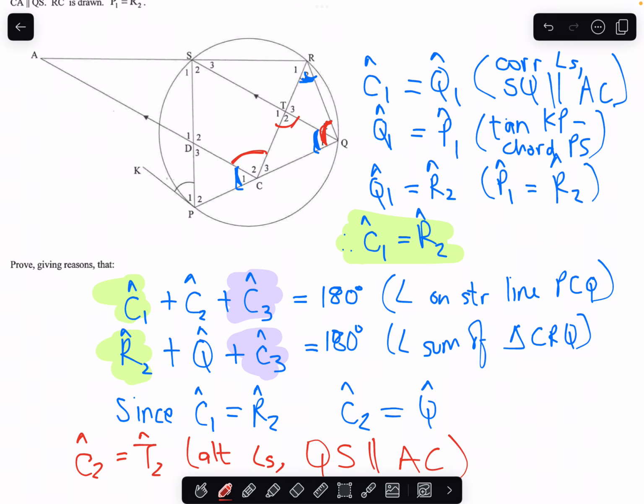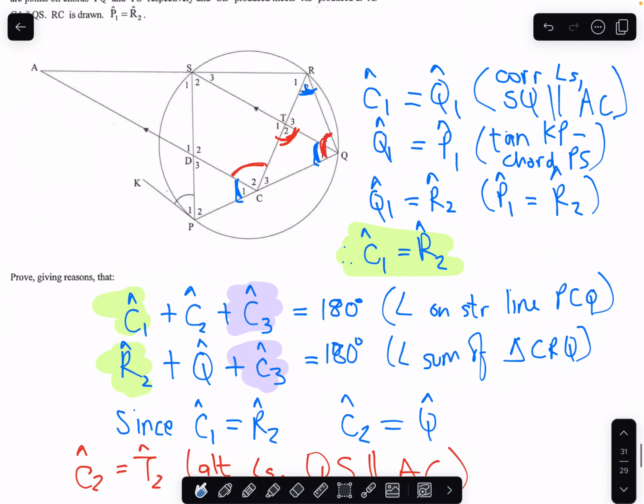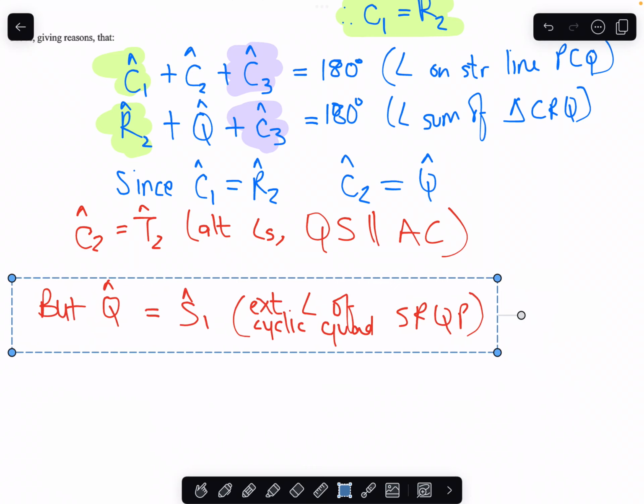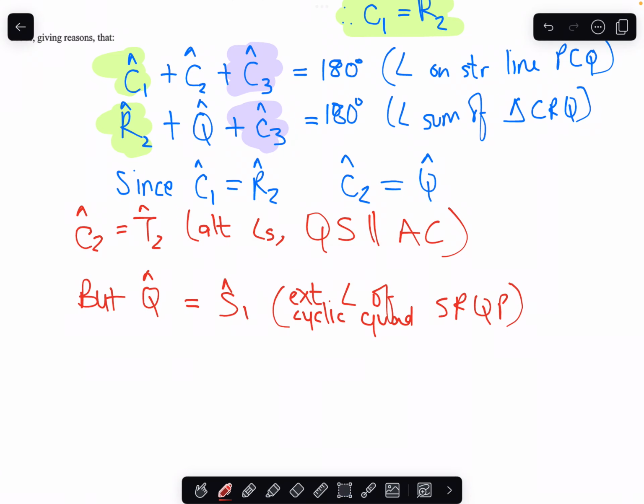Okay, so we have that, but Q is equal to S1, right? Weird comma flying in the middle of nowhere. Okay, so therefore Q, not Q, we don't care about Q. Therefore Q is equal to T2.